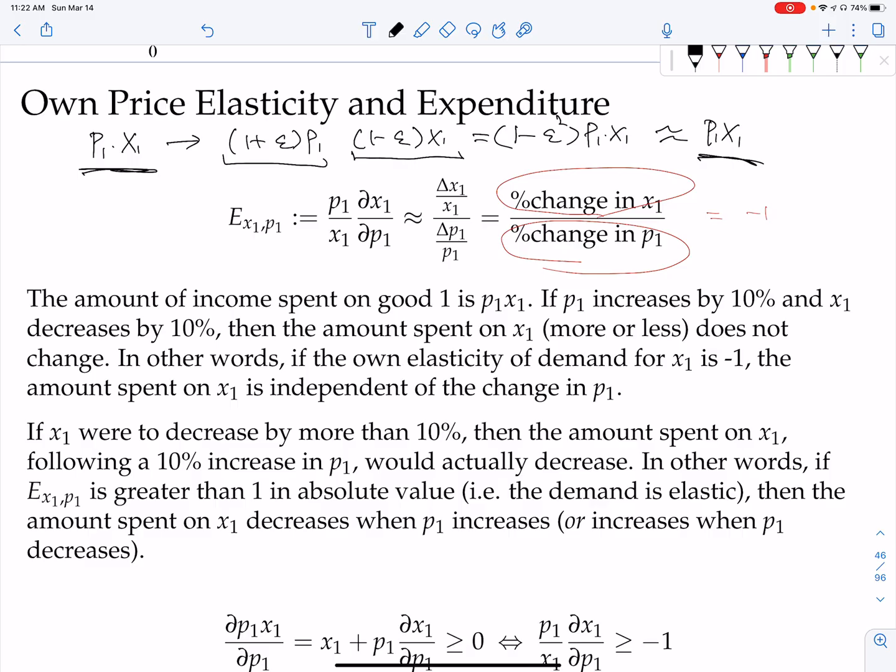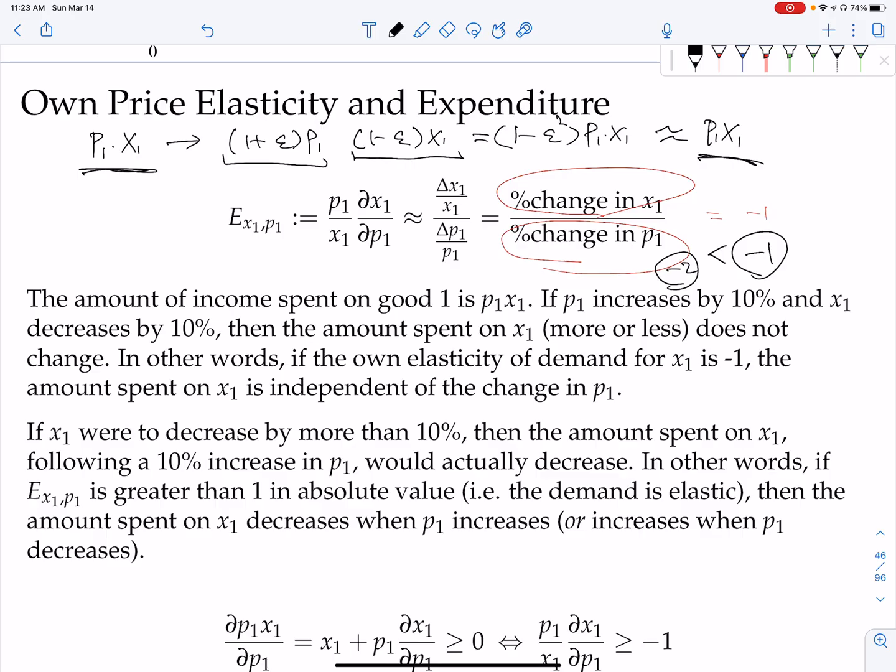So what if the magnitude of the elasticity is larger than 1, meaning the elasticity is less than -1, like -2?